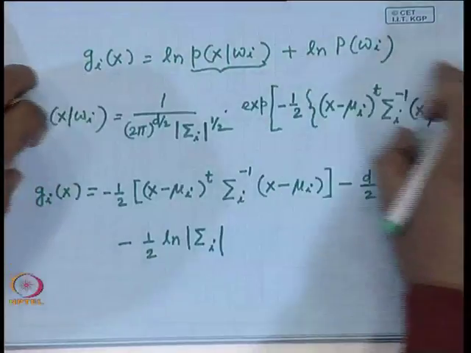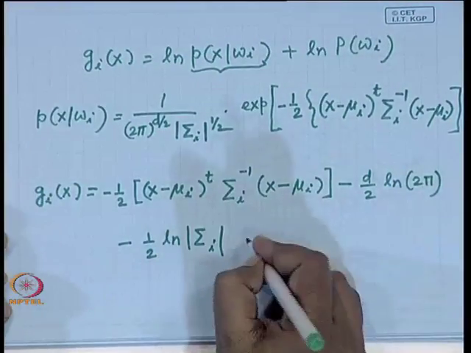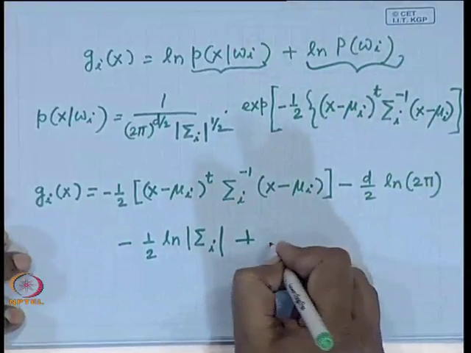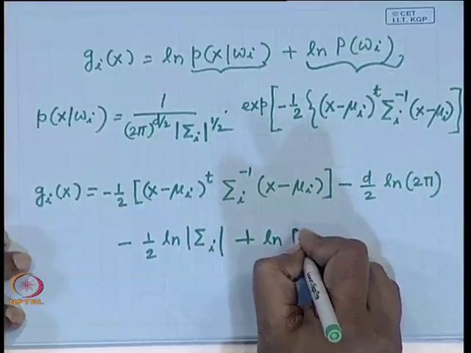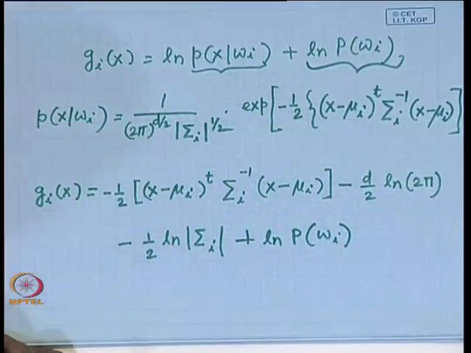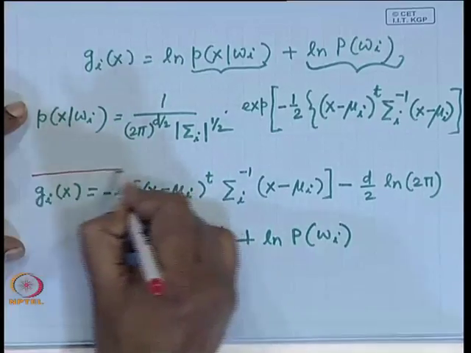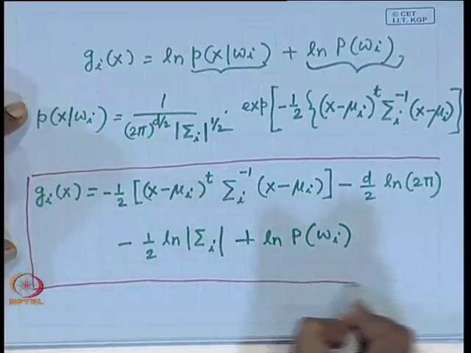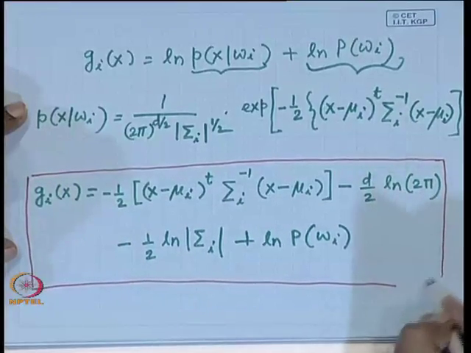So, all the terms of this expression are taken care of, plus I have to put this term, which is the log of a priori probability p(omega_i). So, this is the expression for the discriminant function corresponding to class omega_i.